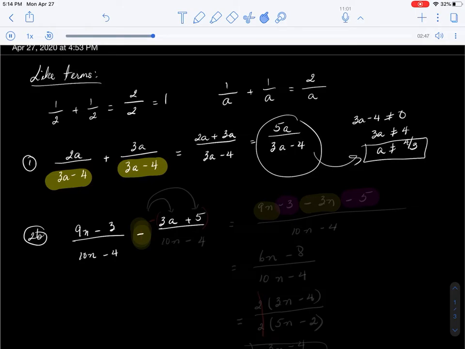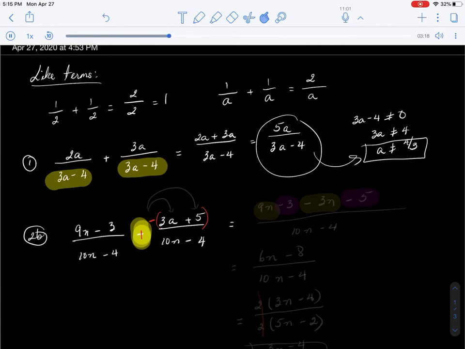The denominator is the same already, but the only thing to worry about is this sign right here. That sign will apply to both terms. There are a couple things you can do. You can change that to a plus and put a minus there if you want, or you just do a straightforward subtraction, but you have to be very careful.